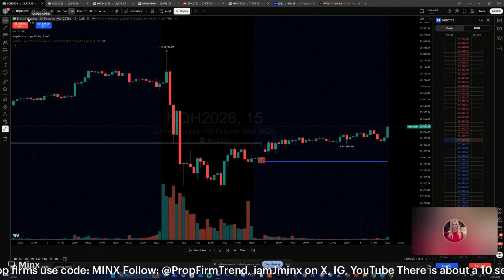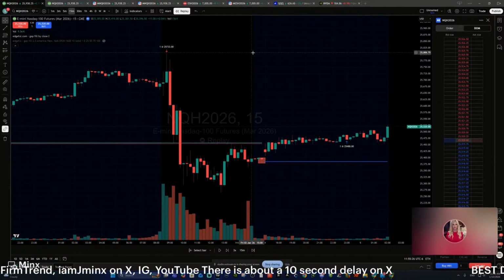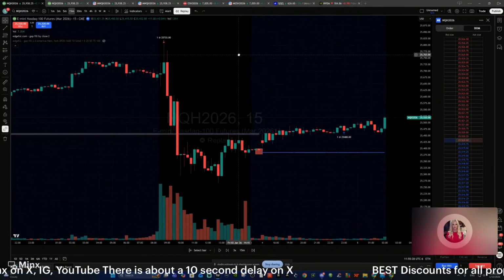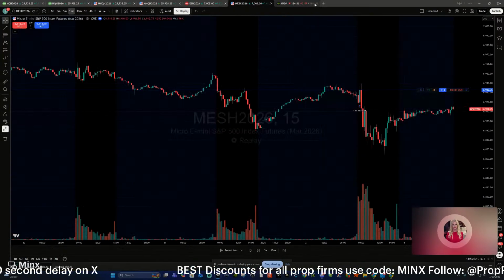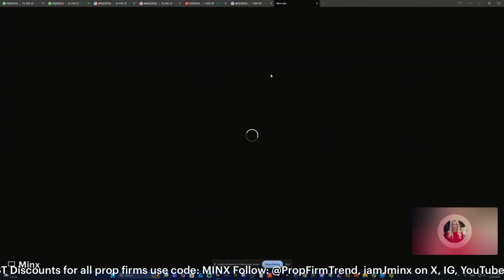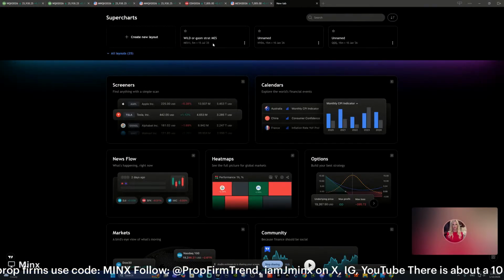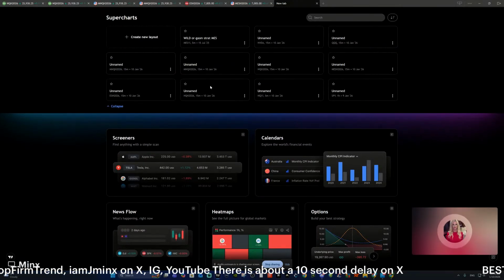Where are my... Oh, I don't have my indicators on here or the technical analysis that I use. Let me see if I can. I don't know why I keep saving and closing. Why do I have so many layouts? I don't even know what these layouts are.